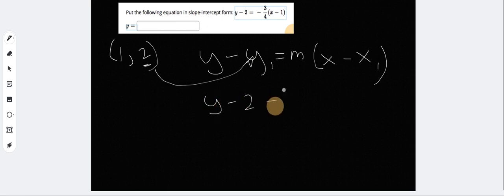So that means I'm going to literally use the y where this is located. So it's going to be y minus 2 equals the slope. The slope is negative 3/4. Negative 3/4 is here. Parentheses x minus x1. x1 is your x value here, so that's going to be x minus 1.